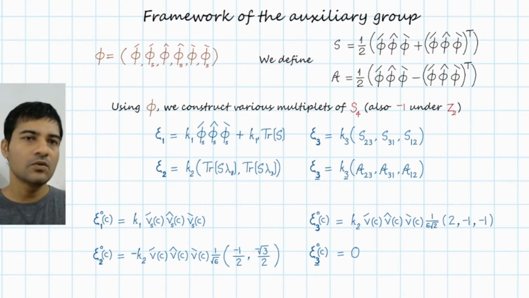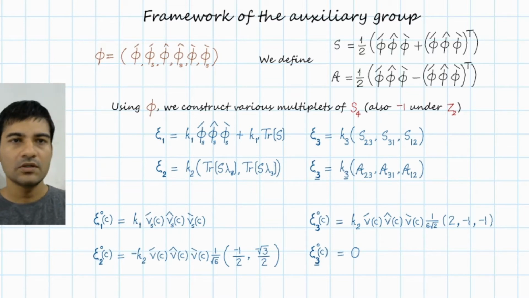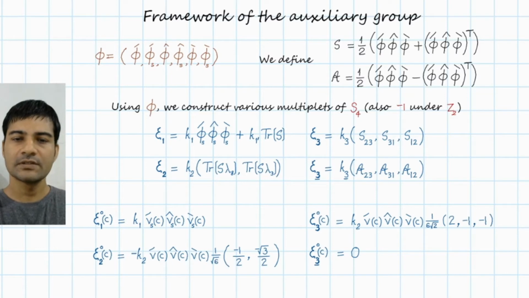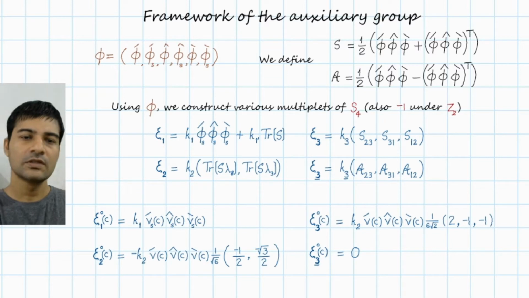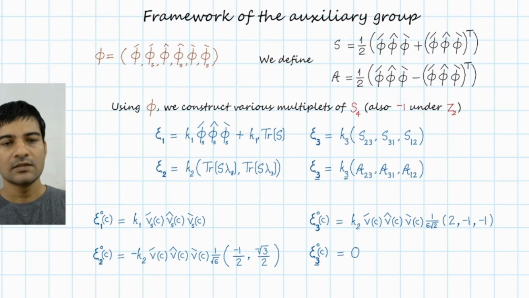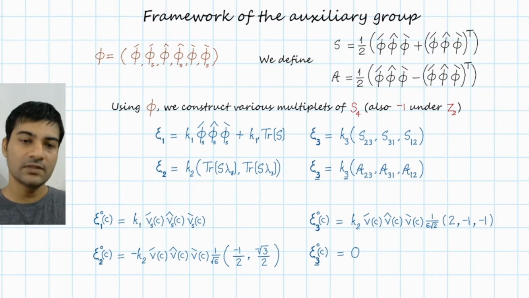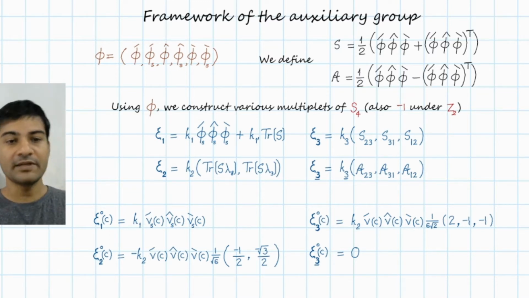Let me use the word orientation to denote all degrees of freedom of an irrep except its norm. If you examine these expressions carefully, you can see that their norms contain these constants k's as well as the norms of the irreps of the elementary fields denoted by these acute VSC, hat VSC and so on.